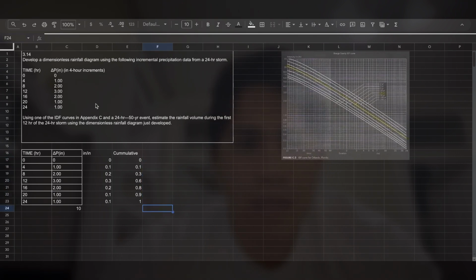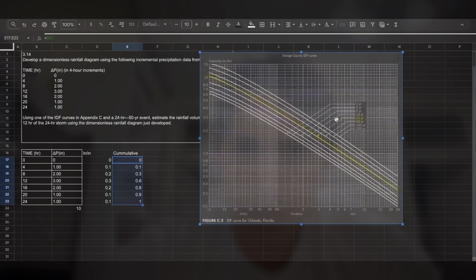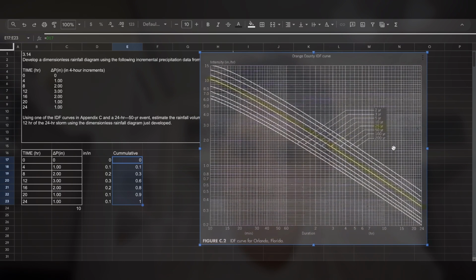Okay, I hope this makes sense. We have our dimensionless distribution now, which is here. And it says using the IDF curve for a 24-hour, 50-year event. So 50 years will be the third line from the top right here.